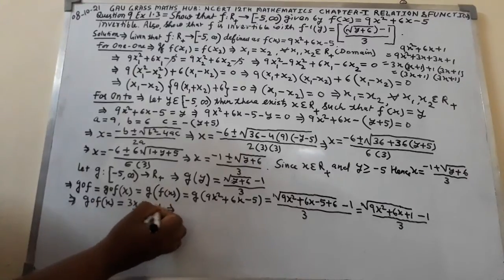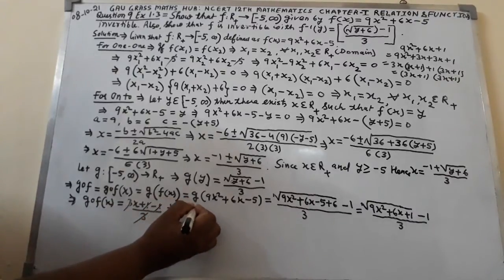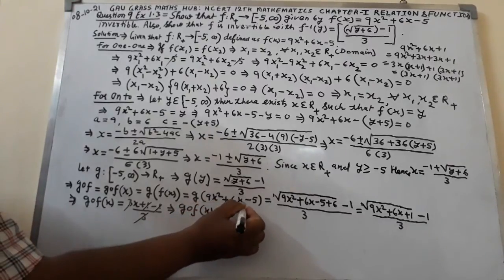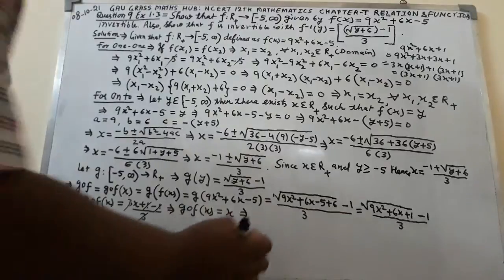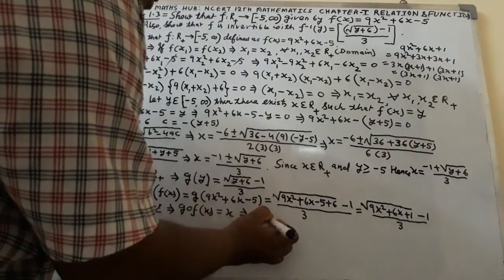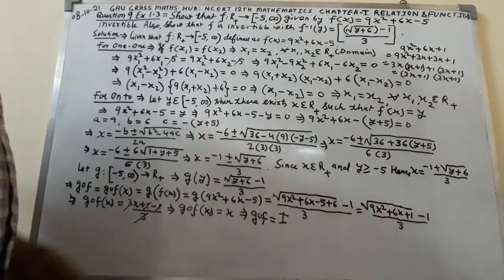Plus 1 minus 1 will cancel out, 3 will cancel out. We will get g of f of x equal to x. Implied that GOF equal to identity function, x.